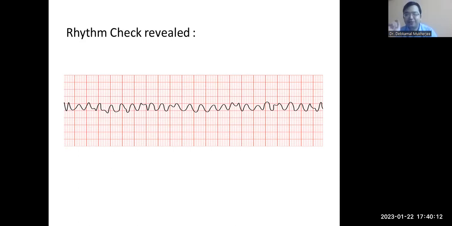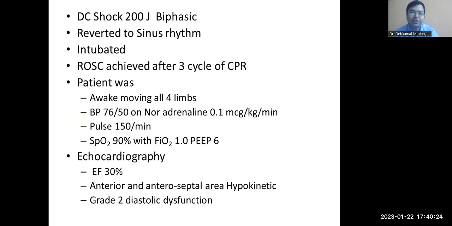When the flatline protocol was applied, we increased the gain, and ventricular fibrillation waves were noted. He was immediately given a 200 joule biphasic shock and reverted to sinus rhythm, but he was still pulseless, so he was intubated. CPR was continued, and ROSC was achieved after 3 cycles of CPR.